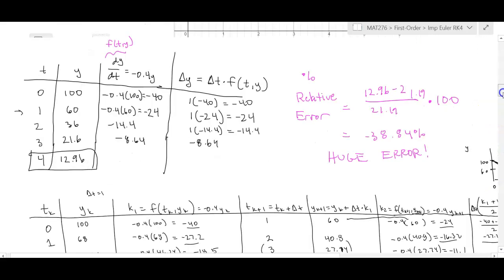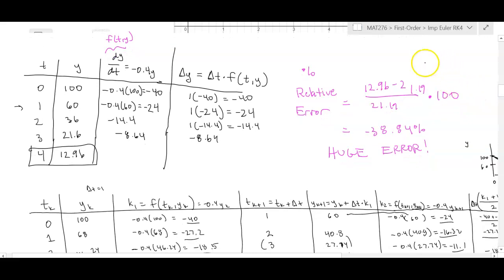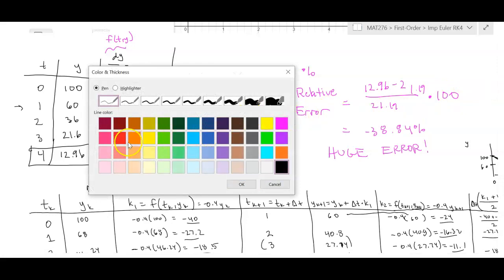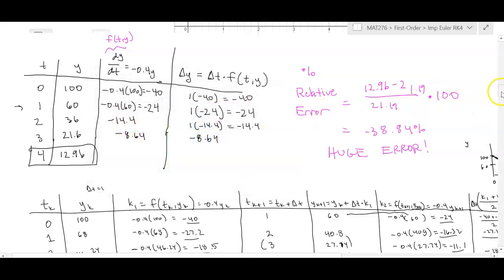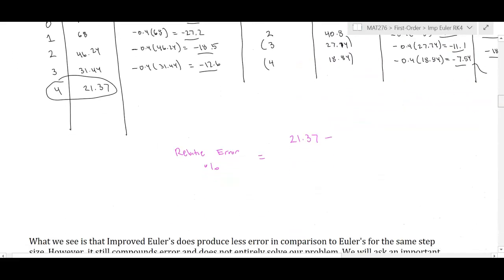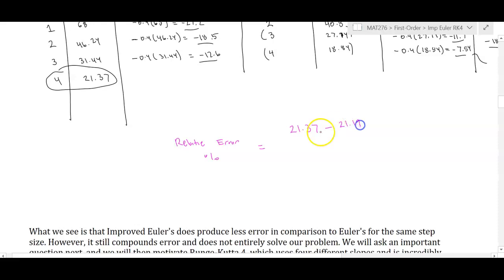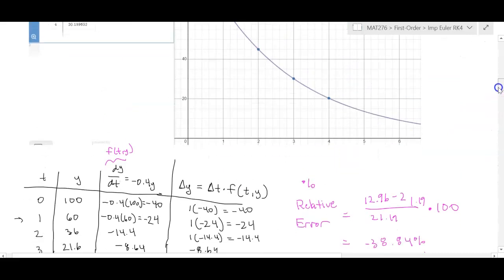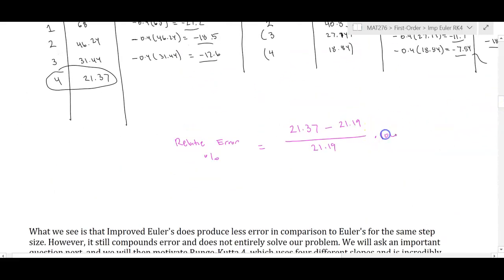And my friends, I want you to notice that our actual y value was 21.19. So when we go to compute our relative error percentage, it will be our estimate minus our exact, which is 21.19, divided by the exact, which is 21.19, times 100 to get it into a percent for us.